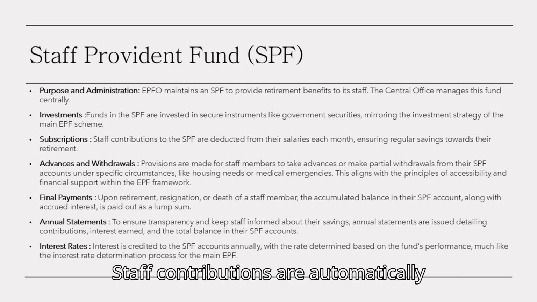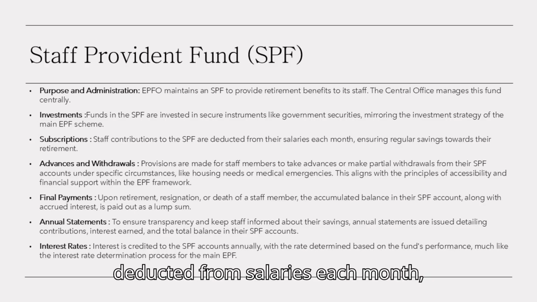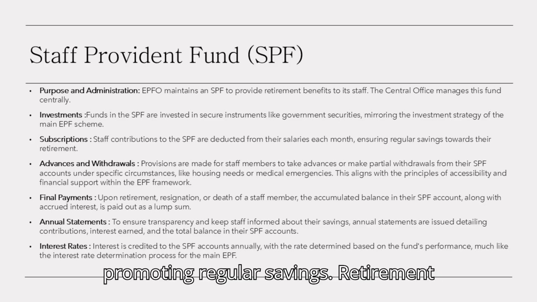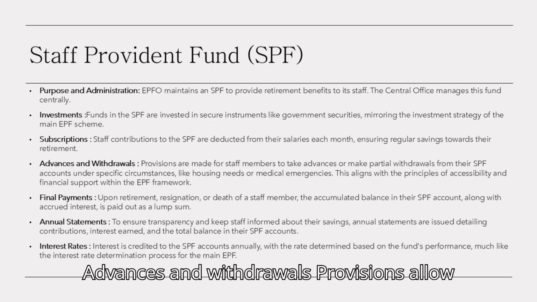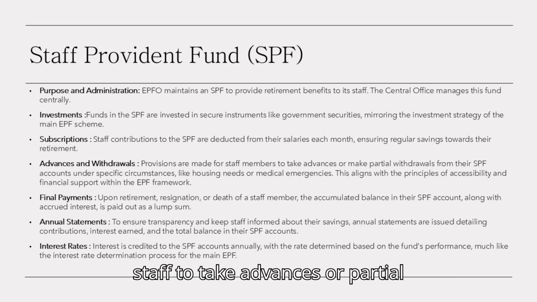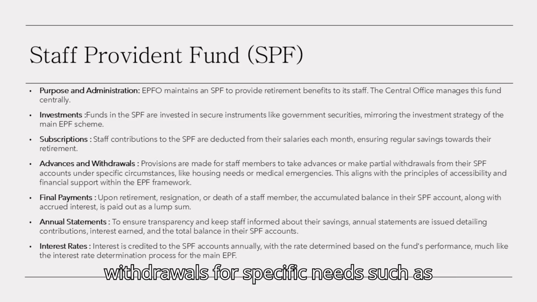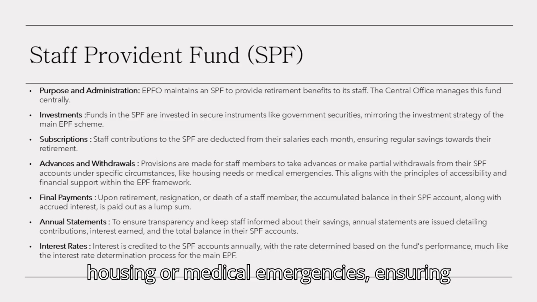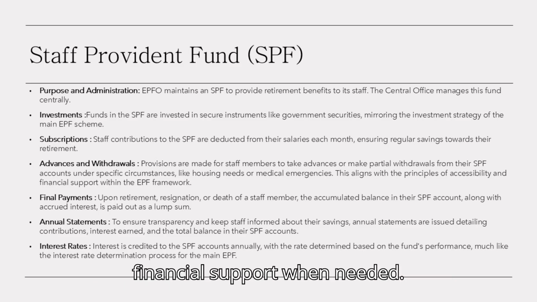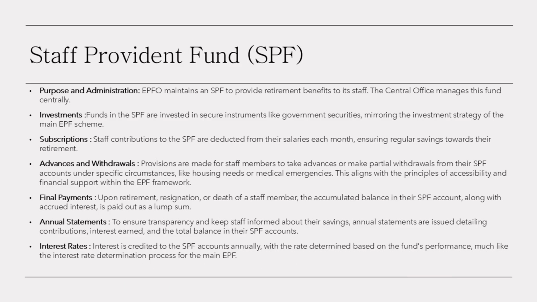Subscriptions. Staff contributions are automatically deducted from salaries each month, promoting regular savings towards retirement. Advances and withdrawals. Provisions allow staff to take advances or partial withdrawals for specific needs, such as housing or medical emergencies, ensuring financial support when needed.